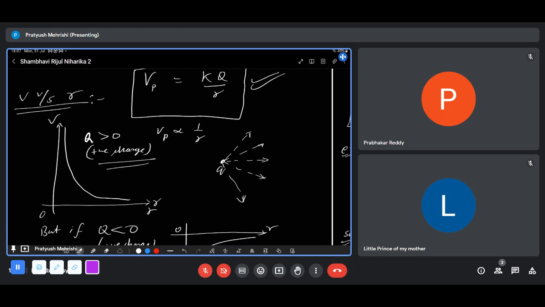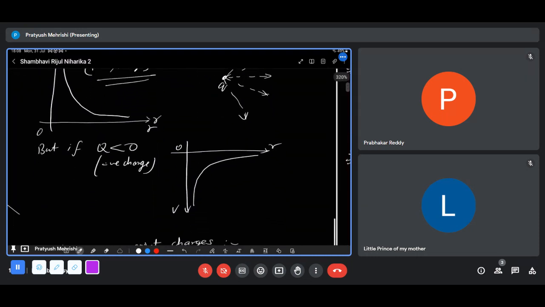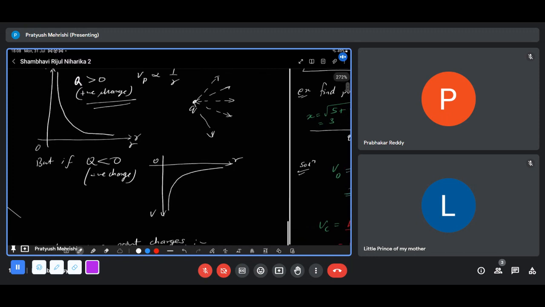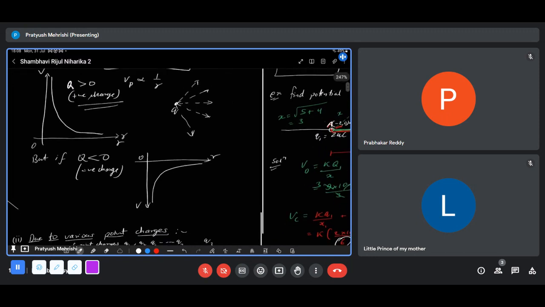Why? Because the potential on the y-axis is inversely proportional to r on the x-axis. So y is inversely proportional to x, or x into y equals constant. This is the condition for a rectangular hyperbola. Always remember that if the charge is positive, the graph will be the upper one, and if the charge is negative, the graph will be the lower one.